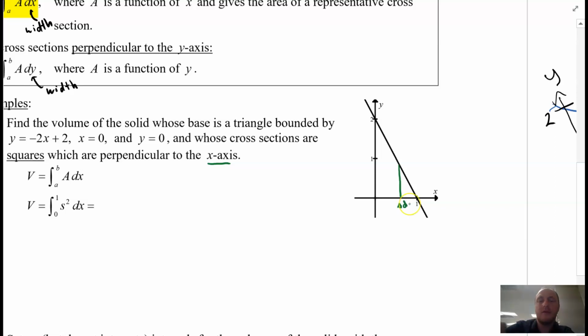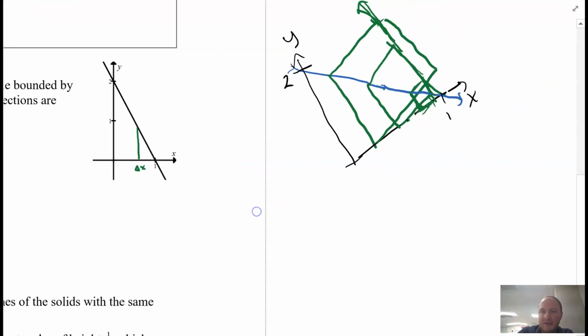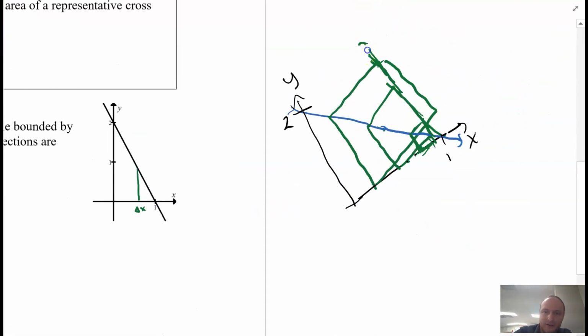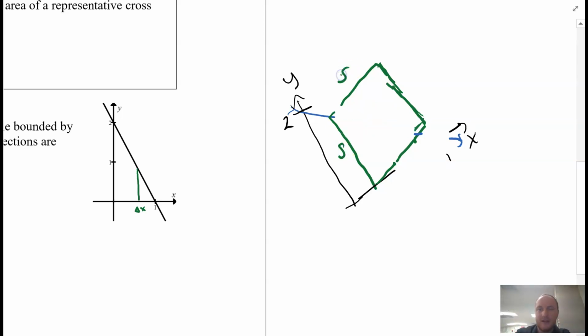Okay, so that's the width. Now, what I need is the area of a square. If I want to calculate the area of a square, and I'll simplify it, we'll just look at this one right here, the area is this side times this side.